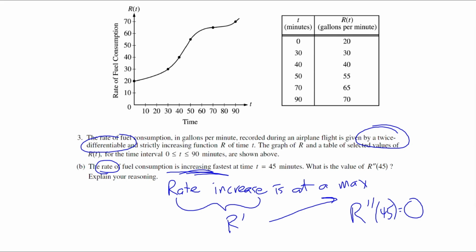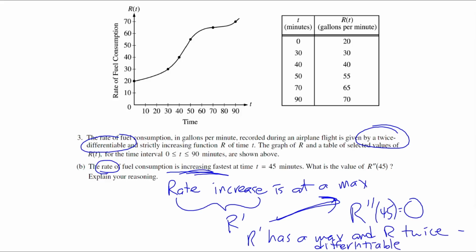Well, our reasoning is that R prime has a max there, and R is twice differentiable. And if it's twice differentiable, its second derivative cannot be undefined. And they gave you 2 points here for this, 1 for 0 and 1 for the reason that it has a max and that it's twice differentiable.